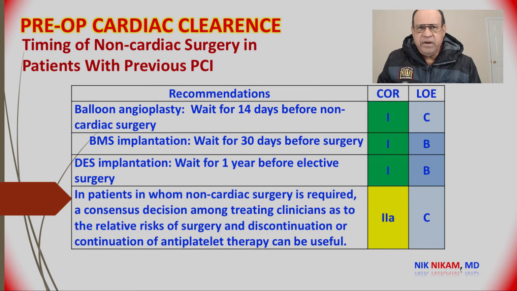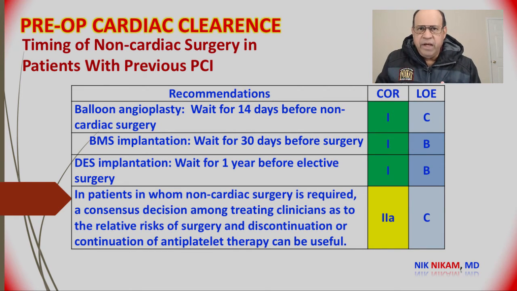If the patient had simple balloon angioplasty, we have to keep these patients on antiplatelet agents for 14 days, that is 2 weeks, before these patients can undergo non-cardiac surgery.